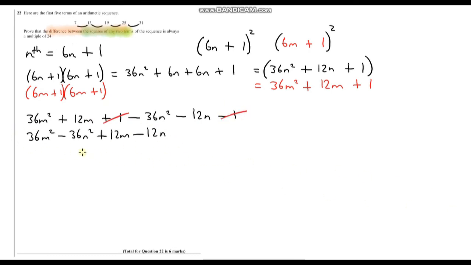We need to prove that this is a multiple of 24. Now the first thing I can see is that we can straight away factor out a 12. All of these terms are divisible by 12, so let's factor out a 12. If we factor out a 12, we're left with 3m squared minus 3n squared plus m minus n. So now we need to prove that this is a multiple of 12.